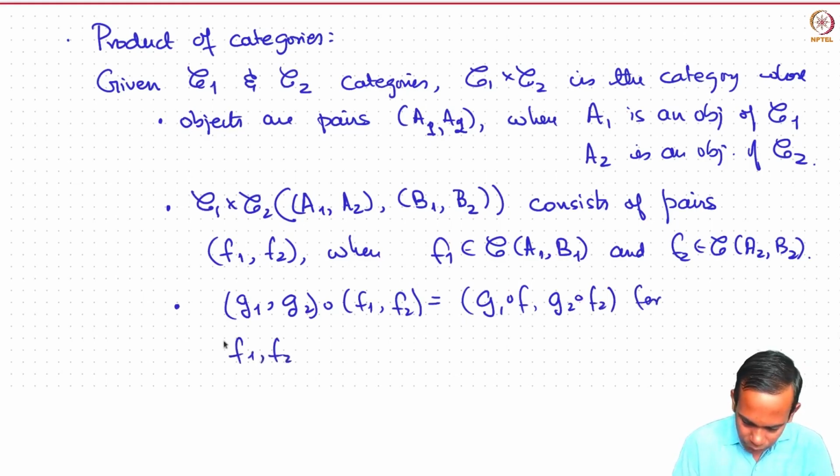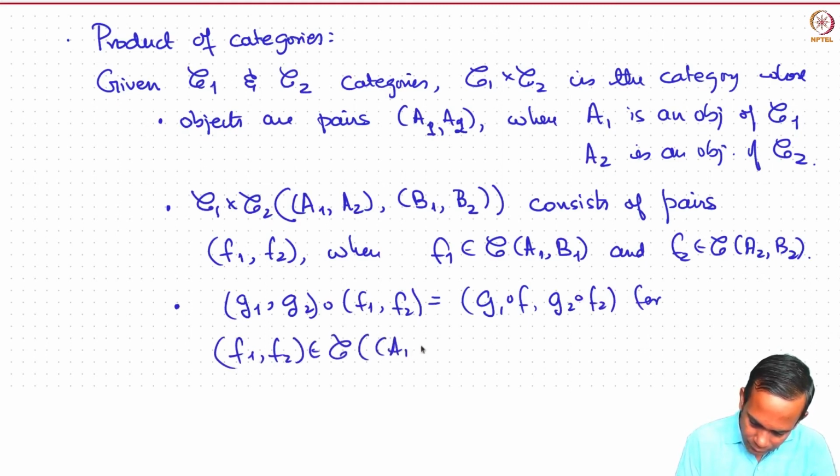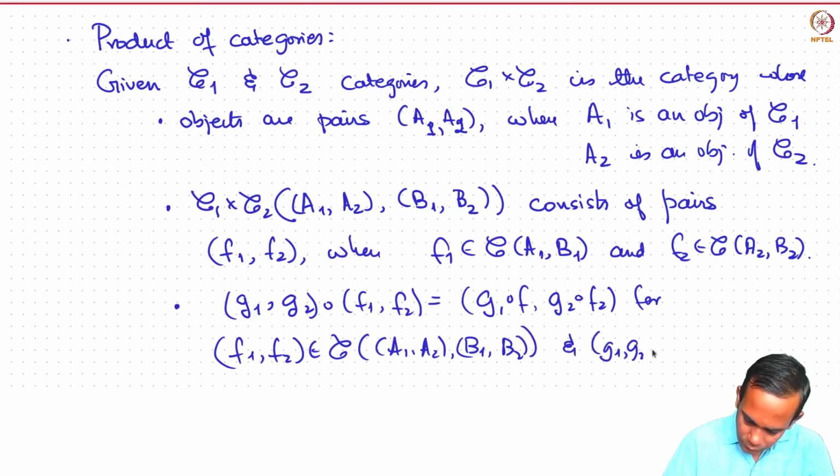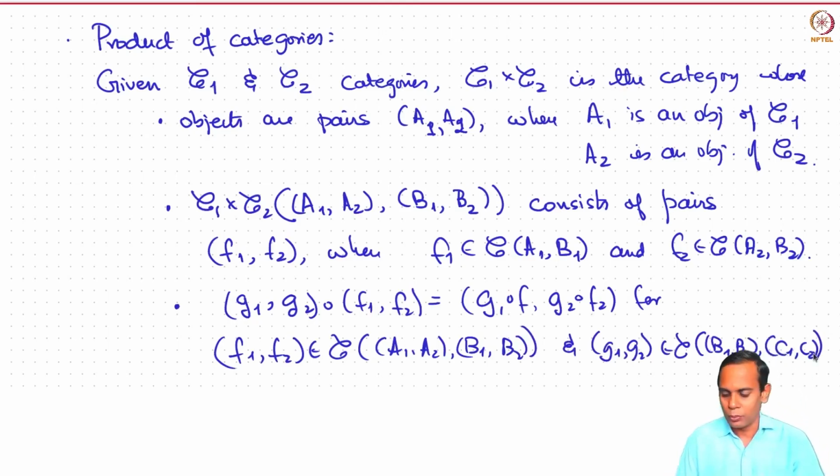for (F1, F2) in C from (A1, A2) to (B1, B2) and (G1, G2) in C from (B1, B2) to (C1, C2), for any objects A1, B1 and C1 of the category C1 and A2, B2, C2 objects of the category C2.